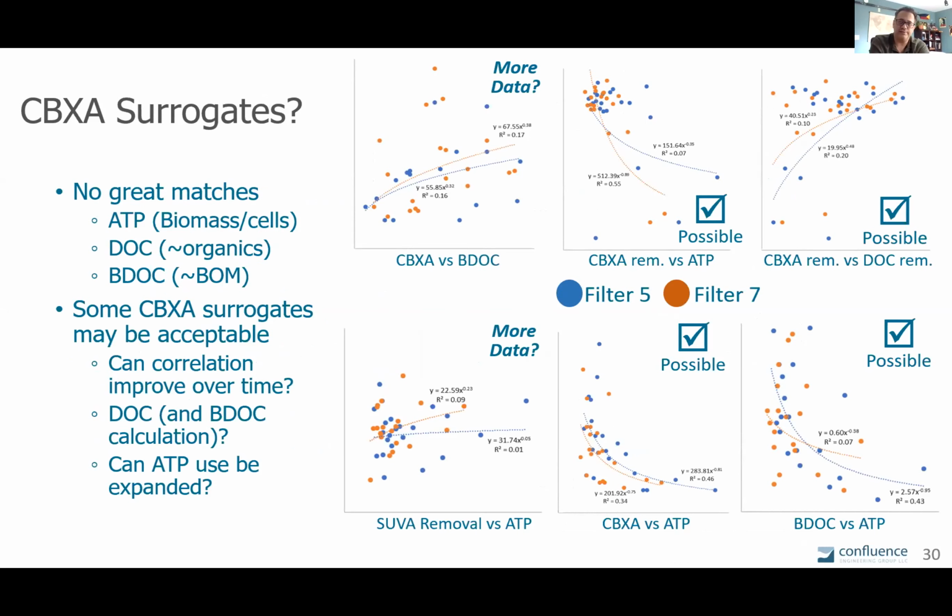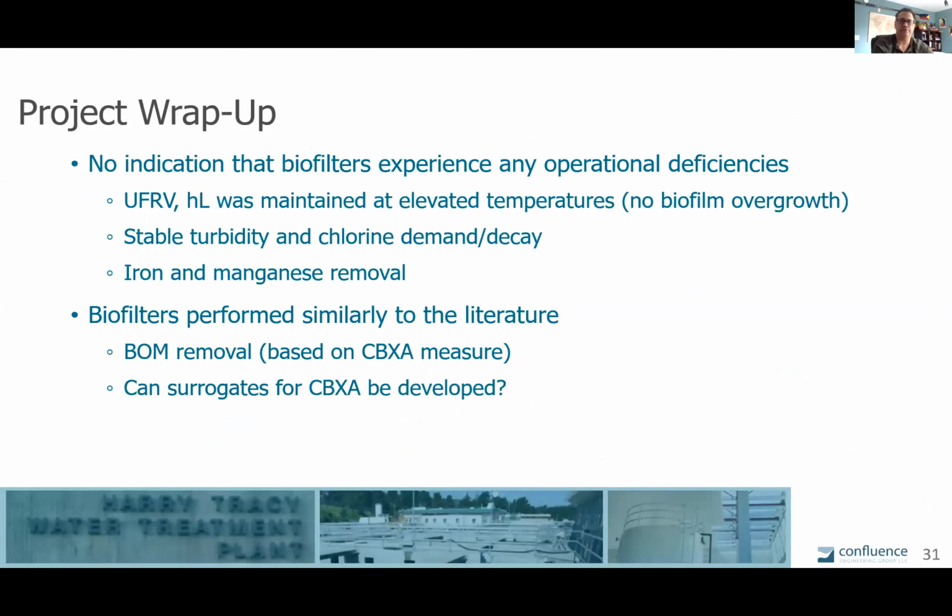So we tried to look at surrogates for carboxylic acids because they had to send those labs out. There are some possible surrogates, and we're doing more work on that to identify those. There's a lot more data to show you, but just to wrap up, there's no indication the biofilters were experiencing operational deficiencies, which is nice. This kicked off some great monitoring for them.